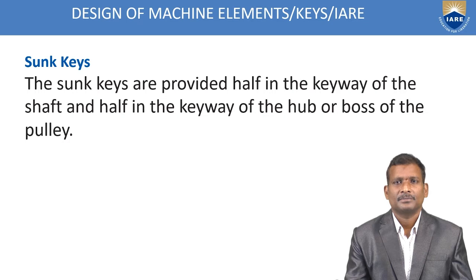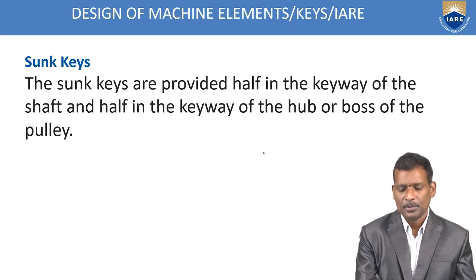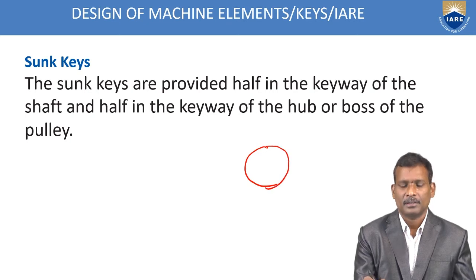Shank keys are provided half in the keyway of the shaft and the remaining half in the keyway of the hub or boss of the pulley. So half portion is inserted into the shaft, another half inserted into the hub. Suppose your shaft is circular in shape.